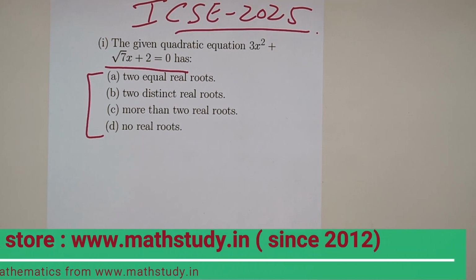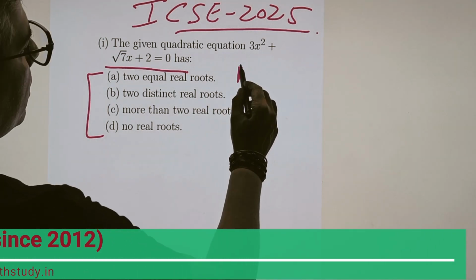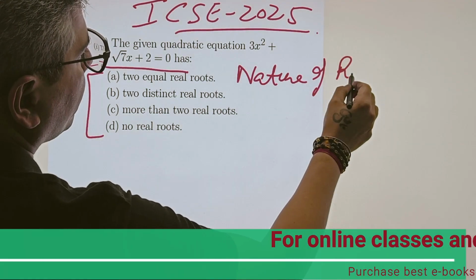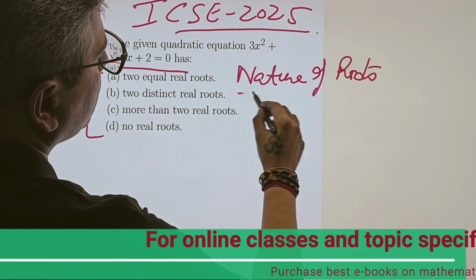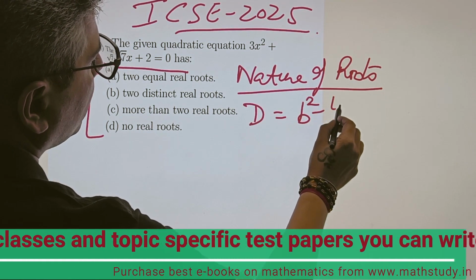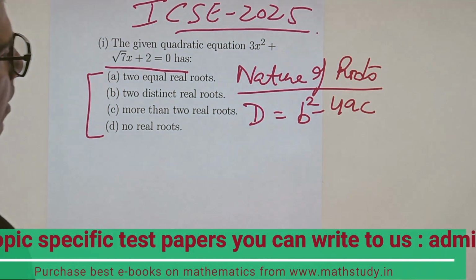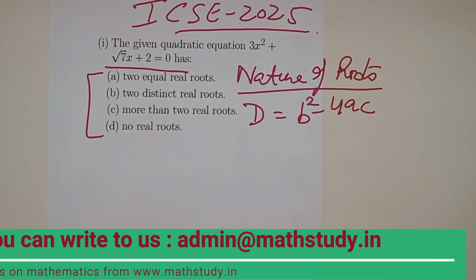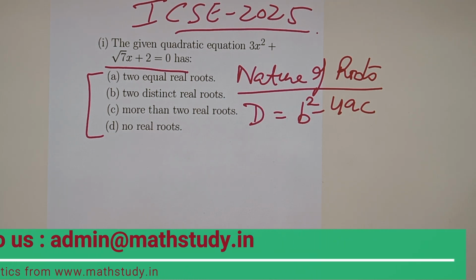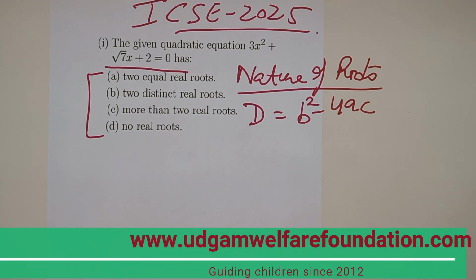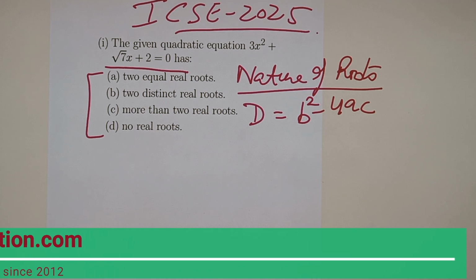The nature of roots depends on the discriminant, which is b square minus 4ac. Here I will explain the concept so that you can understand the solution in a better way.